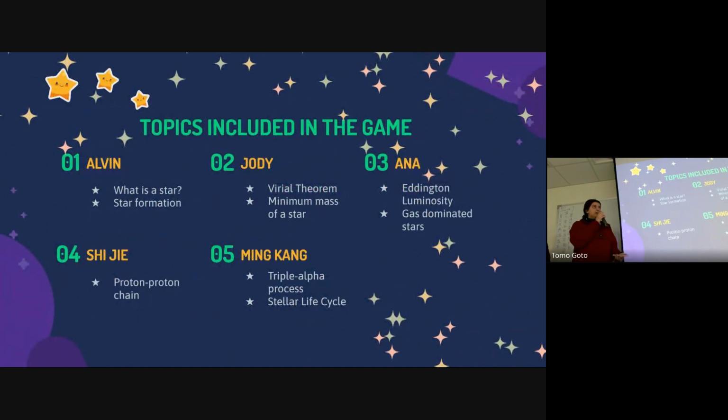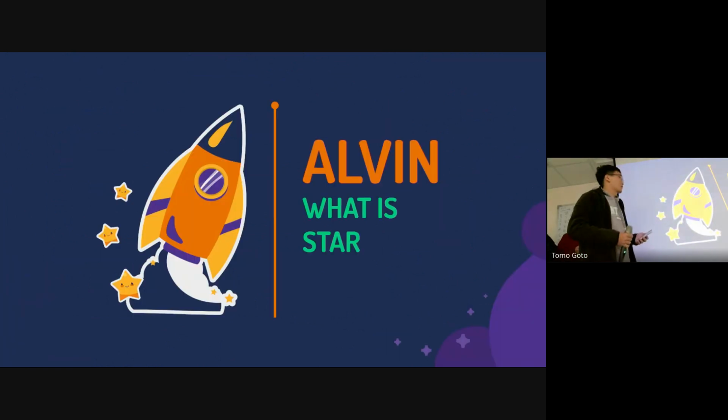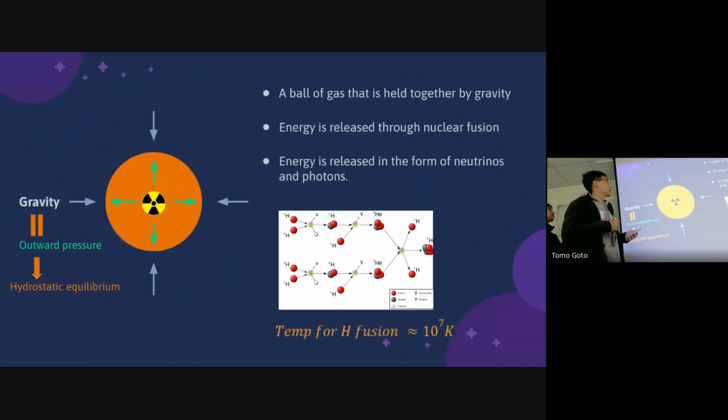And so my teammate Alvin will start with what is a star. Okay, good, very nice. So, morning, Professor. I'm Alvin, and I'm going to explain some physics. The first one is what is a star? A star is a ball of gas, and it is held by gravity.